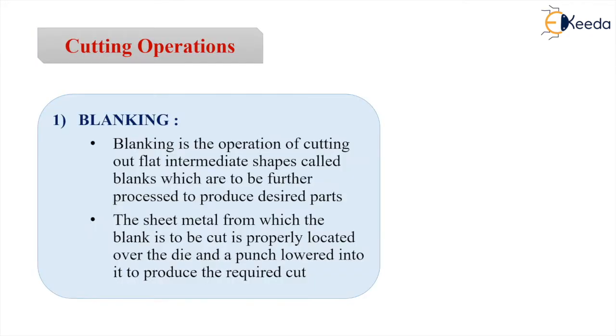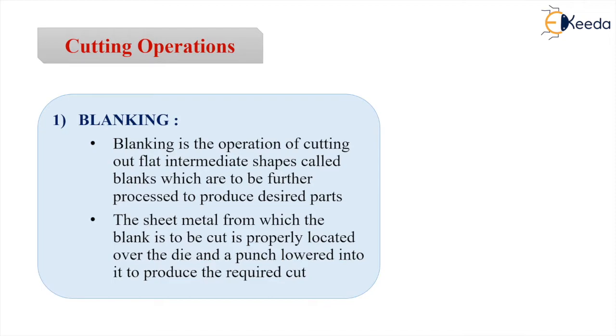Blanking is the operation of cutting out the flat intermediate shapes called blanks, which are to be further processed to produce the desired shape. The word blank is very important, you can say it is a disc or slug, and that will be subjected to the next processes to make the part. We are producing the blank, and that is useful for us.